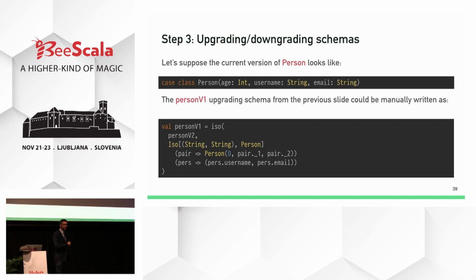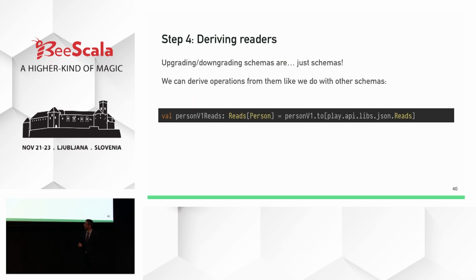So that's the manual way. And the big problem with Scala Z was to find a way to do that automatically. But once it's done, I get a schema for person that reads the version 1 messages. All I need to do is derive a reader from that, and I'm good to go.